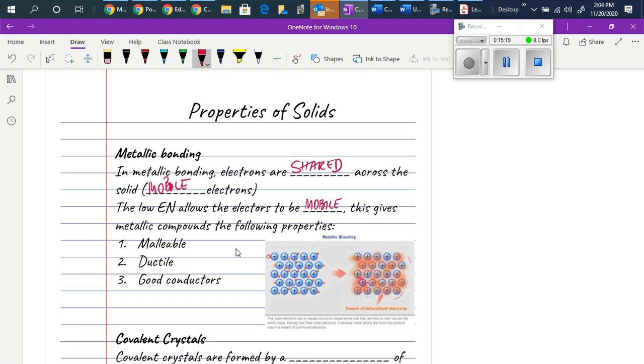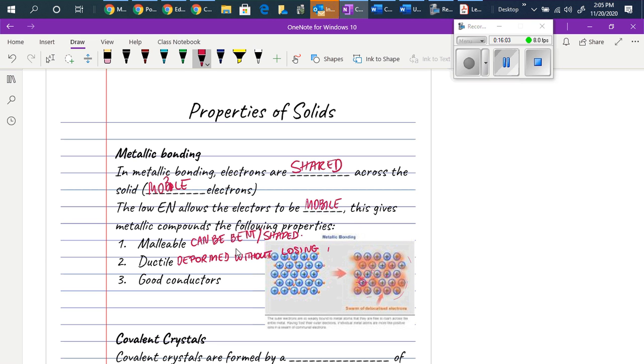In this case, metals or metallic compounds have some properties, like malleable, which means that they can be bent and you can give them different shapes. They can be ductile, meaning that they can be deformed without losing their toughness.